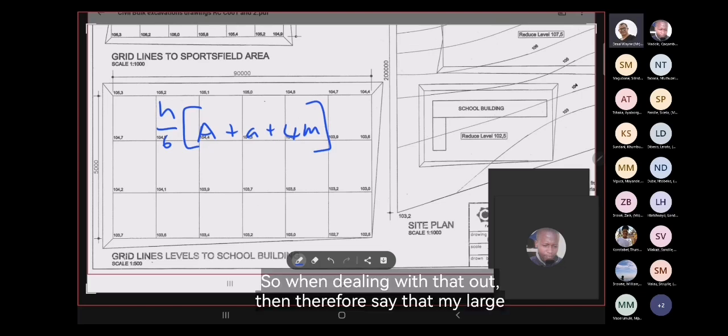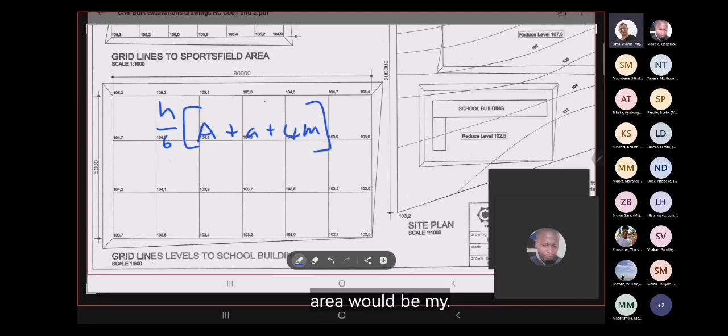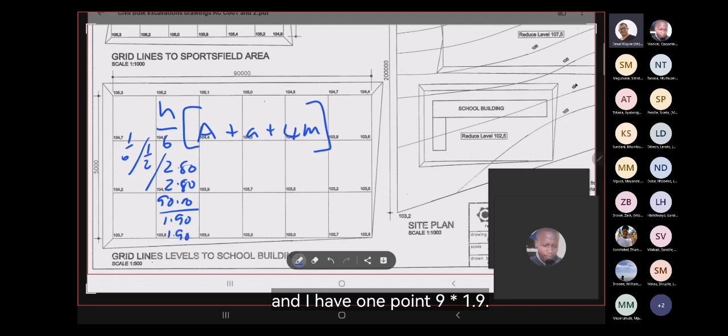So when dealing with that, my large area would be 2.8 times 90 times half times 1 over 6. And I have 1.9 times 1.9 times 90 times half times 1 over 6.